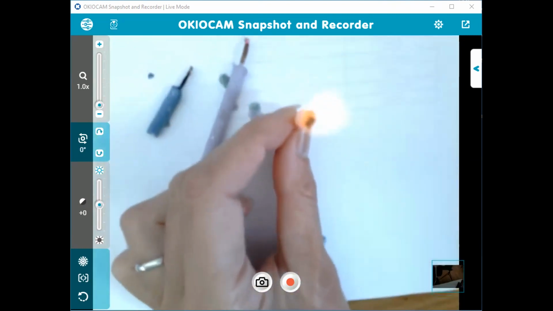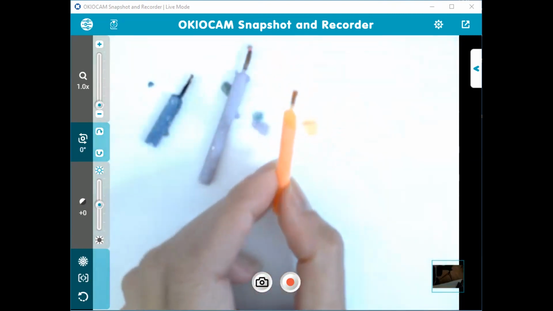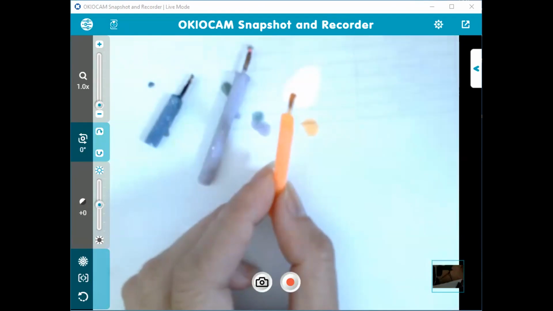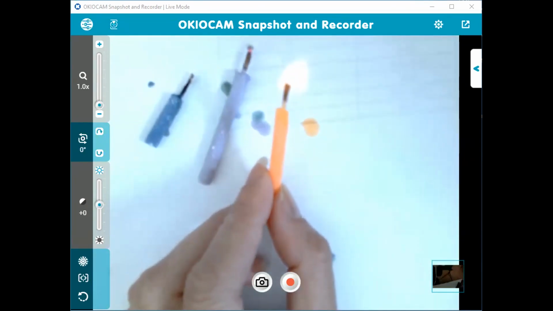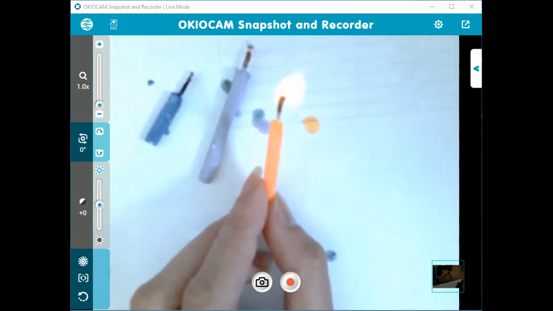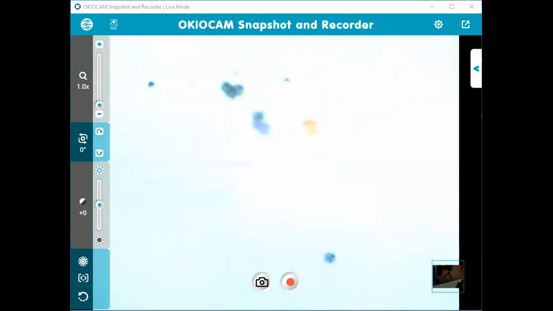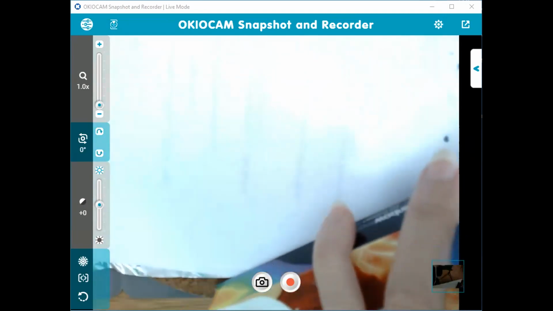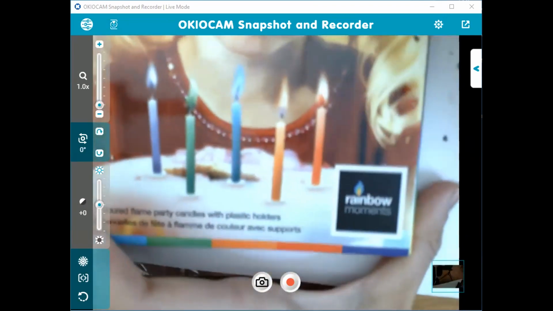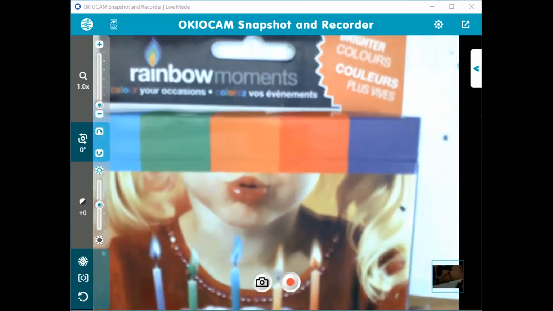We do have an orange flame coming out of here. Let's see if I can shield some of this. You see that orange flame, orange candle, orange flame. Now you might be thinking, what's the big deal? Fire is orange already.